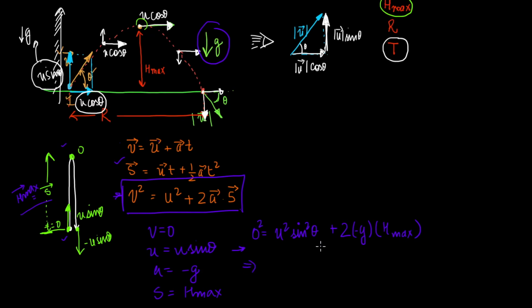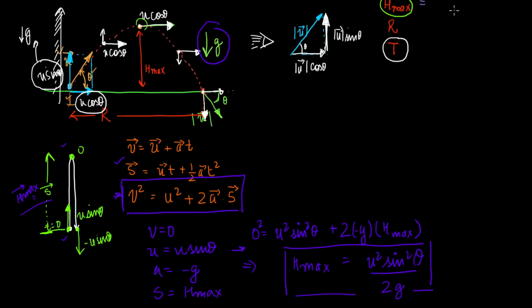And you can solve this and you get h max equals u square sine square theta divided by 2g. So that's what the maximum height that the ball will attain would be. So we have figured out the maximum height given u and theta. We already know g, so that's something that's already assumed.